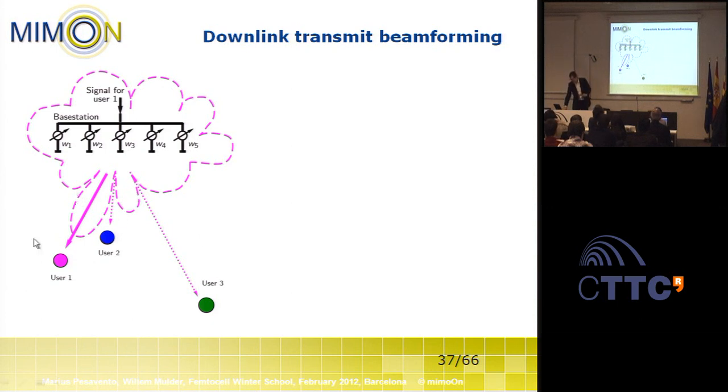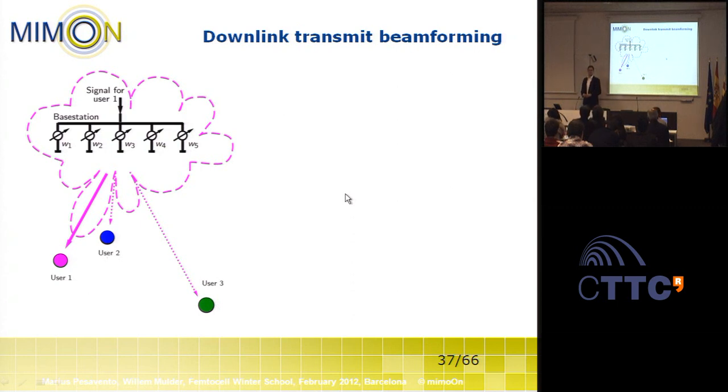So we see here that we design this beamformer such that the signal strength at the user that we want to serve is large or maximized, and the signal strength towards the directions of the other users that are connected to the femtocell should be much smaller. So we should have nulls towards the remaining users.